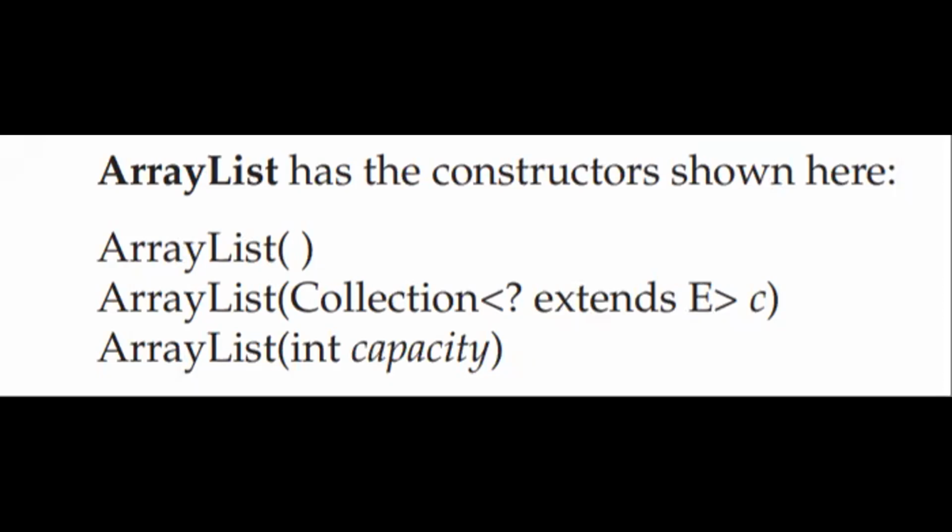Here we have the constructors of array list. Array list supports the dynamic array. Dynamic array means it can grow as and when needed, which means there is no limit on the size of this array list. Whereas in a standard array, there is a fixed length, which we need to define while we declare the object. But in array list, we can just create an array list and keep on adding the elements.